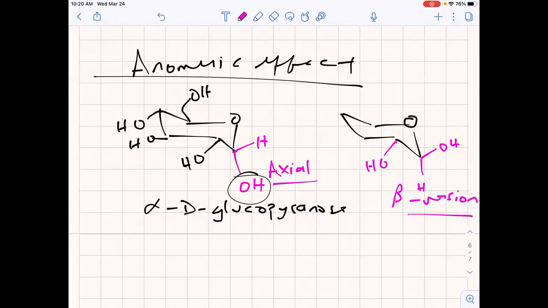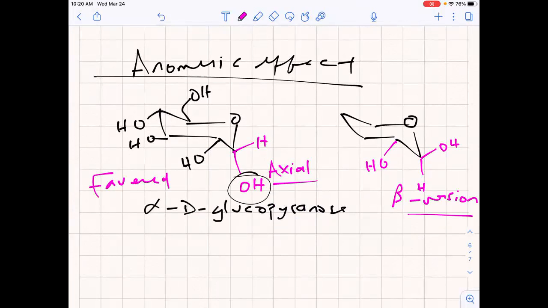But what's intriguing is that it's the alpha version that is favored, with the hydroxyl axial.